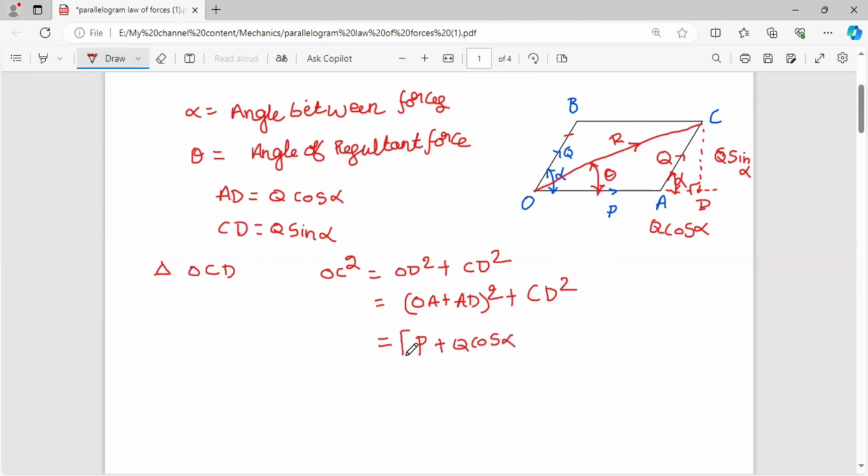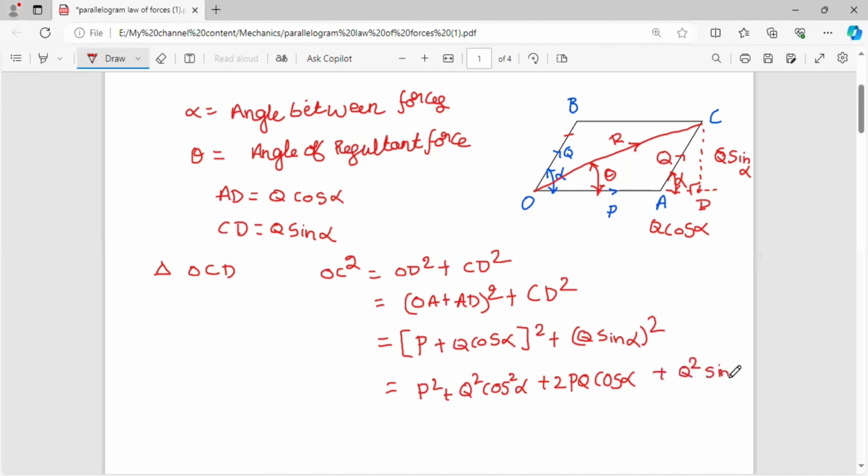So OC square equals (P plus Q cos alpha) whole square plus CD square, and CD means Q sin alpha, so Q sin alpha whole square. Then we can write P plus Q cos alpha in the form of (A plus B) whole square. Then P square plus Q square cos square alpha plus 2PQ cos alpha plus Q square sin square alpha.